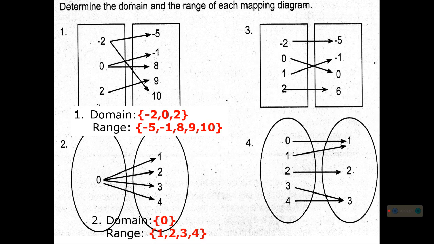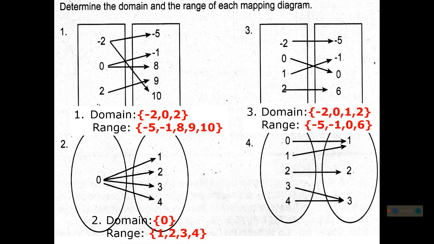Next, number 3, the domain will be negative 2, 0, 1, 2, and the range will be negative 5, negative 1, 0, 6. And in number 4, our domain will be 0, 1, 2, 3, 4. The range will be 1, 2, 3.